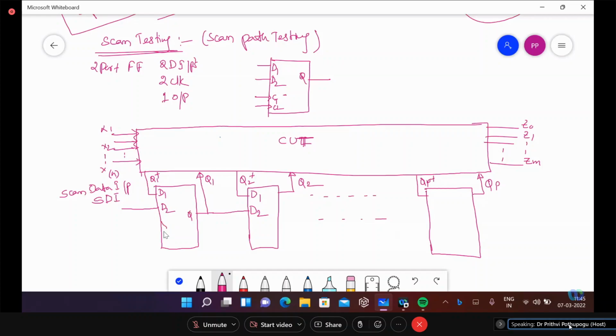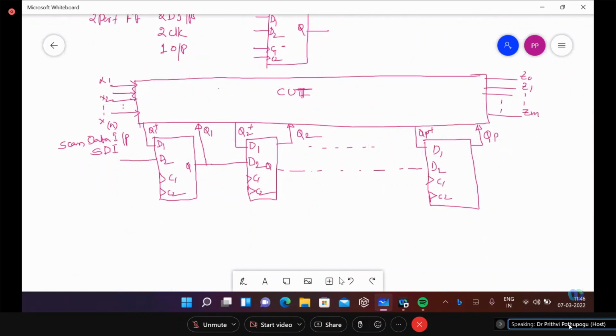Now, for clock 1 and clock 2 at each stage, this D2 will come from the previous stage response, so this is your Q. Now, how do we take these signals?